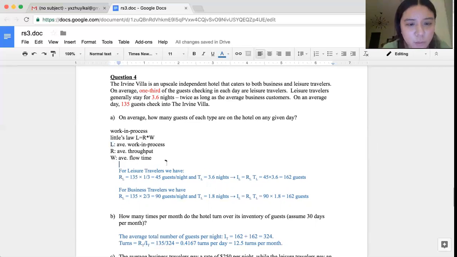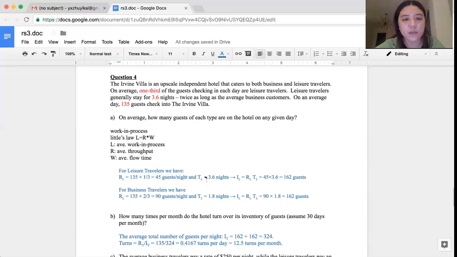So first, for leisure travelers, 1/3 of the guests checking in each day are leisure travelers, and there are 135 guests checking into the villa. So the average throughput is 135 times 1/3, which is 45 guests per night. This is the R for the leisure travelers.